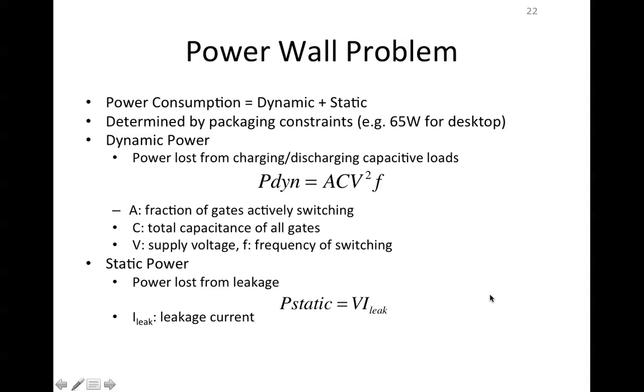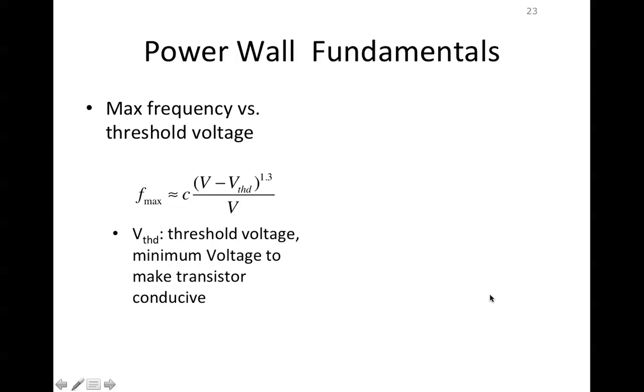Now let's look at a formula in which we see how the supply voltage and the frequency are related. Alright, so here the formula is essentially the maximum frequency the circuit can operate is roughly equivalent to some constant multiplied by the voltage drive.